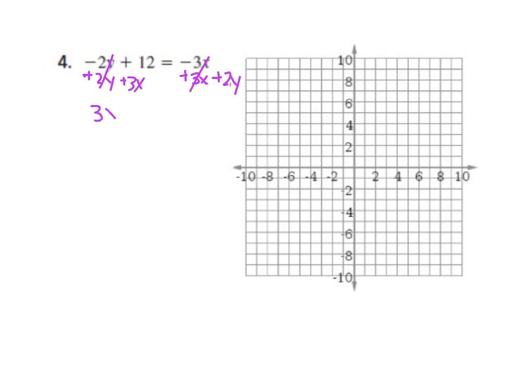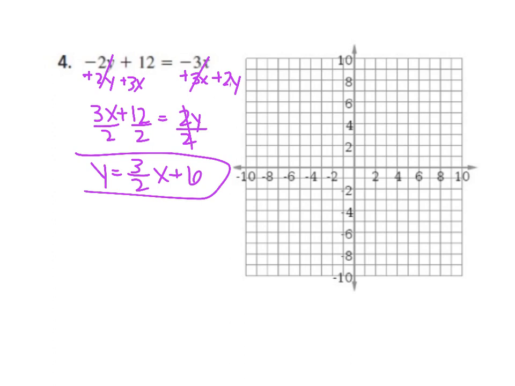Then I'd have 3x plus 12 is 2y, and divide everything by 2. So I can switch my sides of the equal sign to say that's the same as y equals 3/2 x plus 12 divided by 2 is 6. Again, if you prefer to move the 12 over, right, and then end up in the same place, right? We would get the same equation for y.